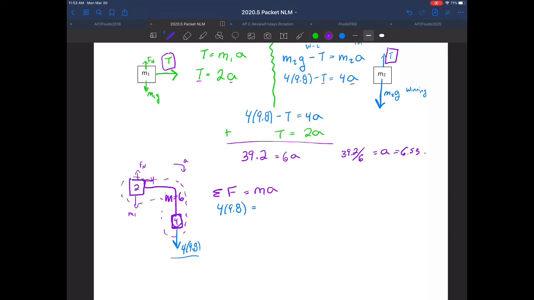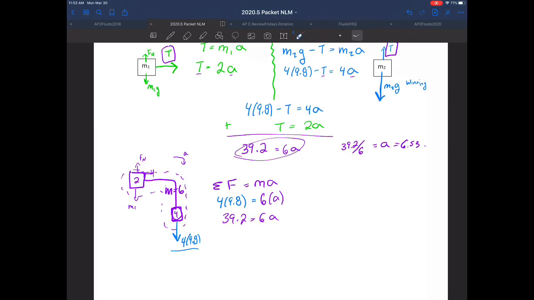That total mass is 6. So for M, you'd put in 6 and A. And notice that simplifies us right down to the same spot that we obtained earlier. 39.2 is 6A. So this is how you can take advantage of a system. You can draw the system larger and include the rope inside your system and make the mass bigger. You're welcome. Learning how to exploit the system.